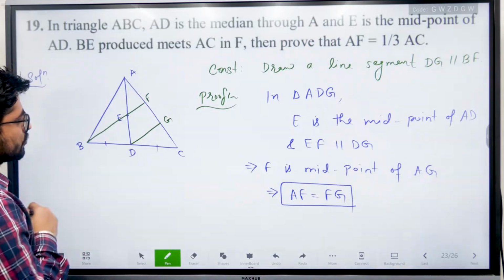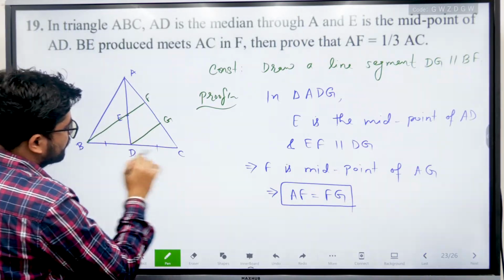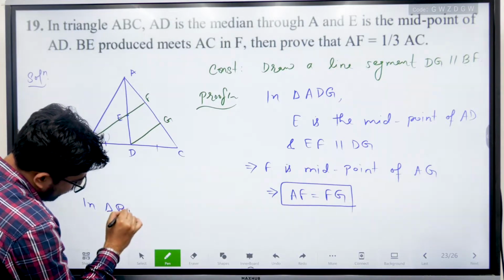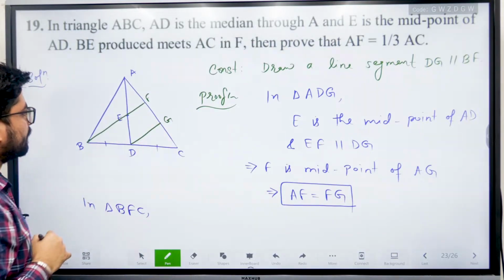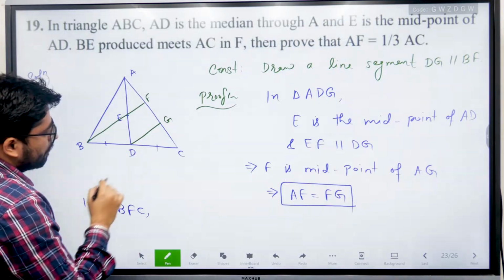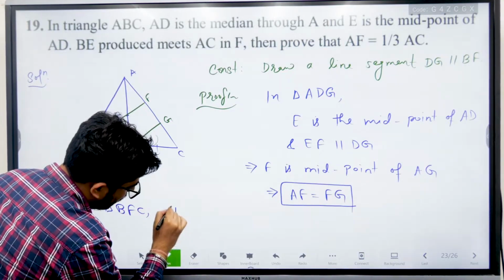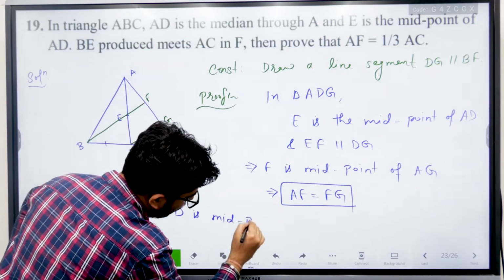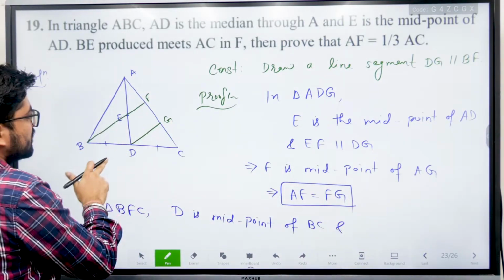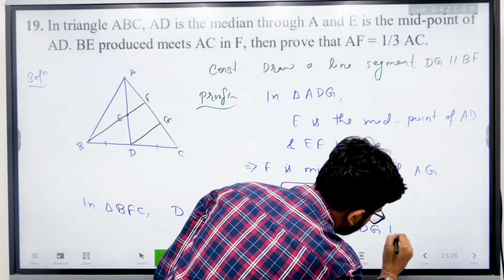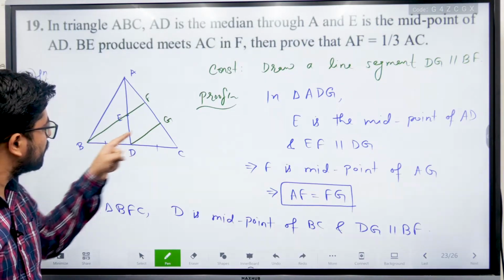Now let's do this one. In triangle BFC, D is the midpoint of BC and DG is parallel to BF.